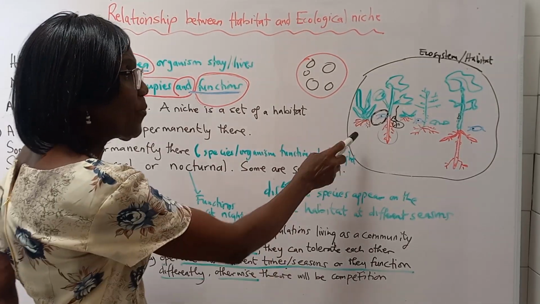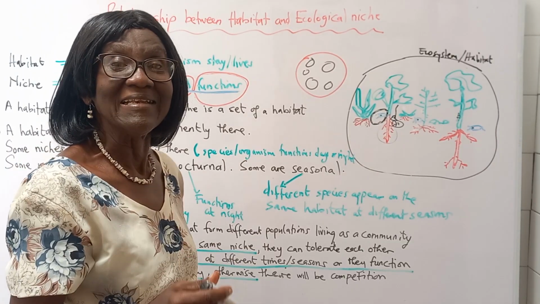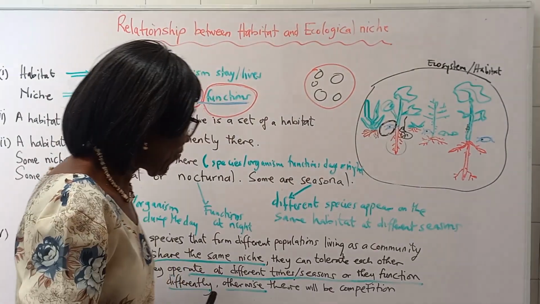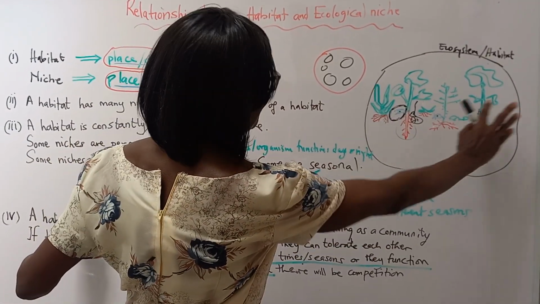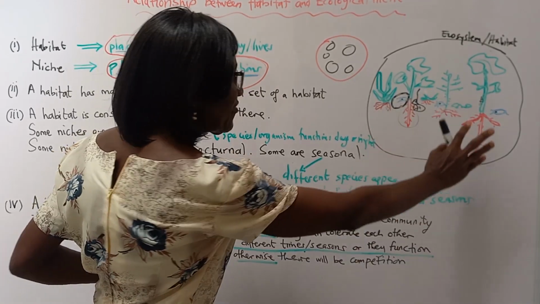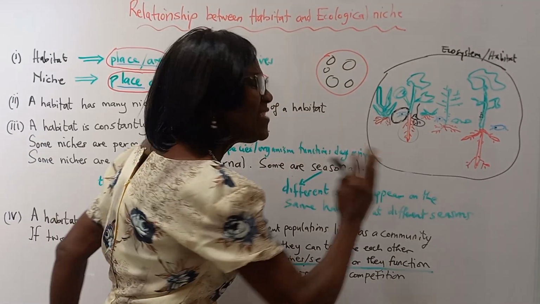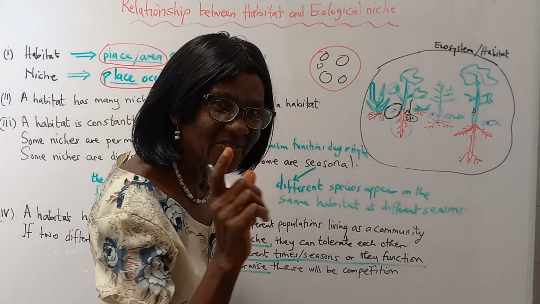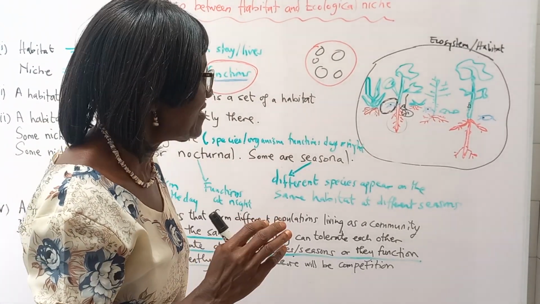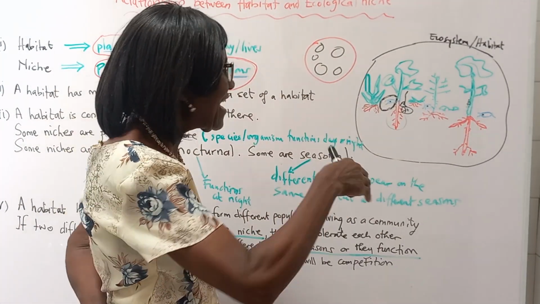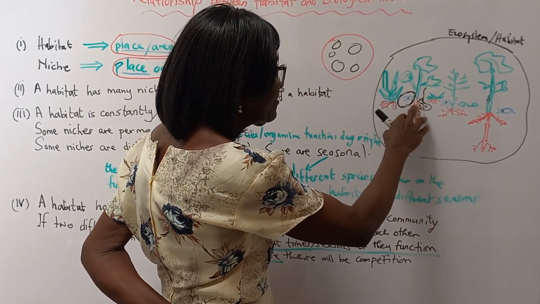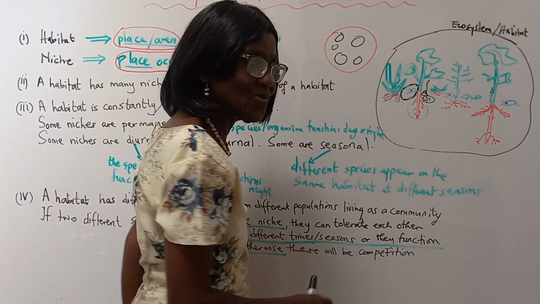And when there is competition, it's most likely that one organism will finally give way. So a habitat has so many different species, so many different populations, and different species that occupy the same niche function at different times or different seasons, or they function at different levels because they will absorb nutrients at different levels. Then it will work.